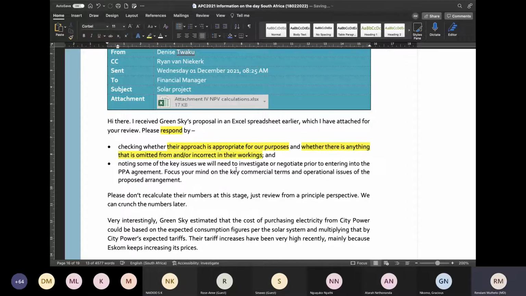So here they've given us a very interesting task. We need to check their approach. We need to check whether there are any omissions. We need to check whether there are any errors. So that is clear.